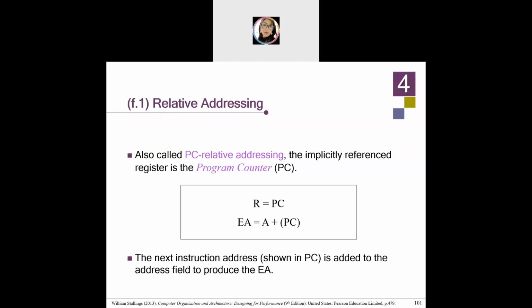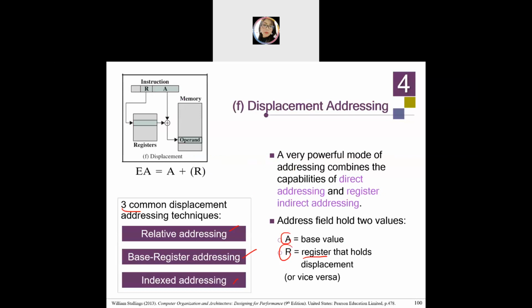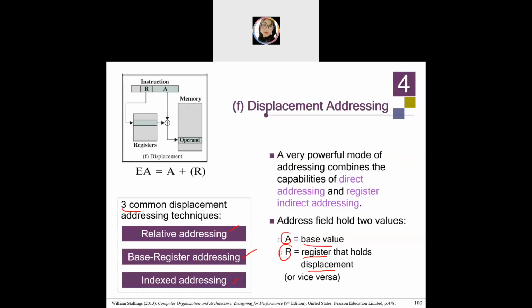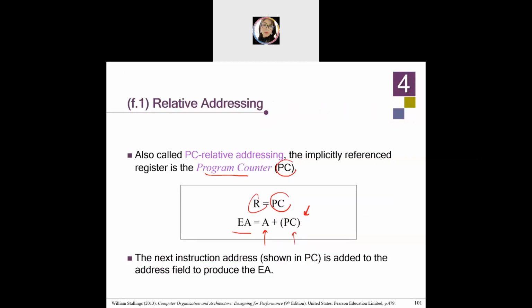The implicit reference register is the program counter, which is your PC. So your R, if you still remember, R is a register that holds the displacement. So R equals the program counter. This equation you need to remember because sometimes you are given the value of the program counter and also your A as a base value, so you need to find out the value of EA.